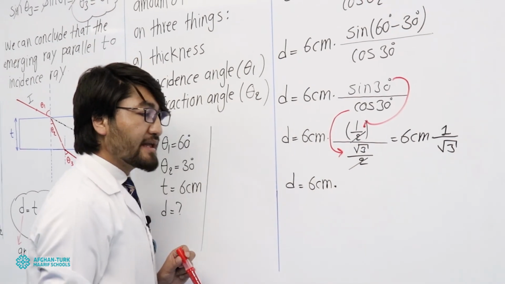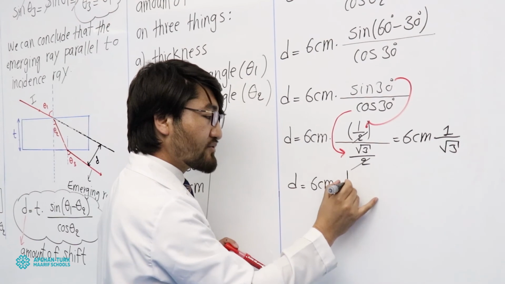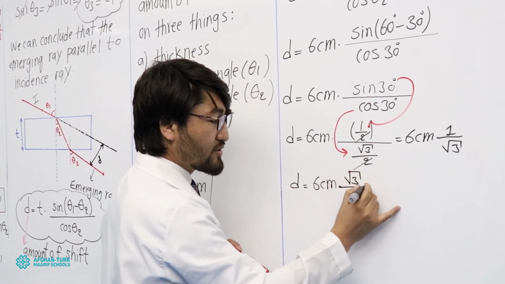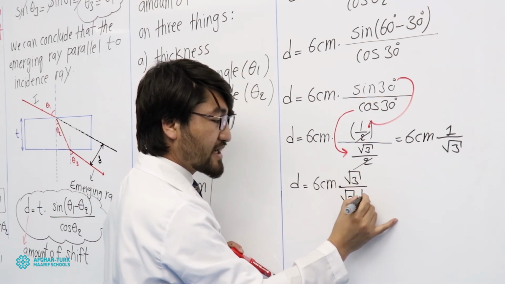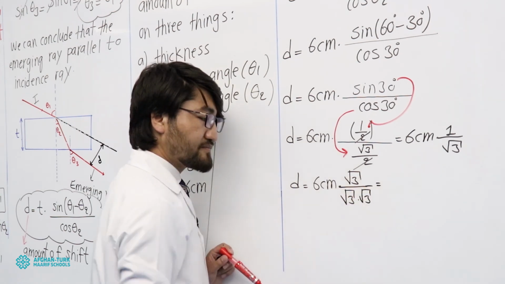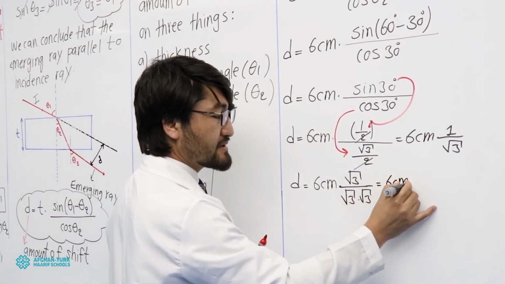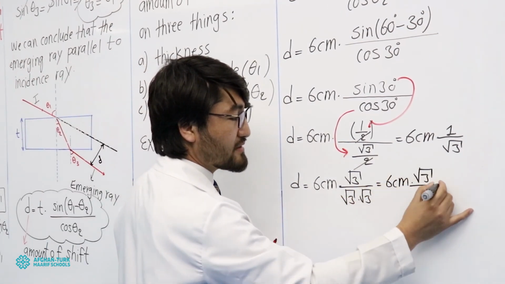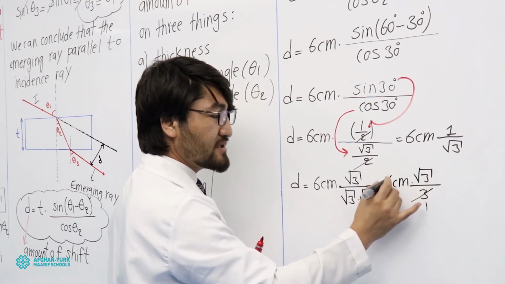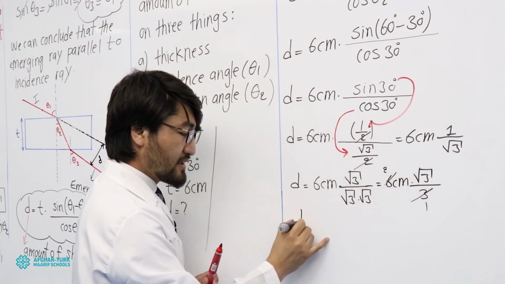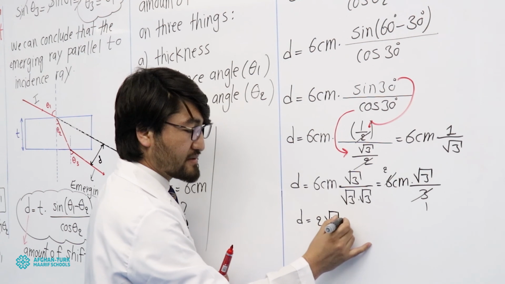Here we can also multiply by the root of 3 over the root of 3. The root of 3 times the root of 3 is 3, and 6 over 3 is 2. D is equal to 2 times the root of 3 centimeter.